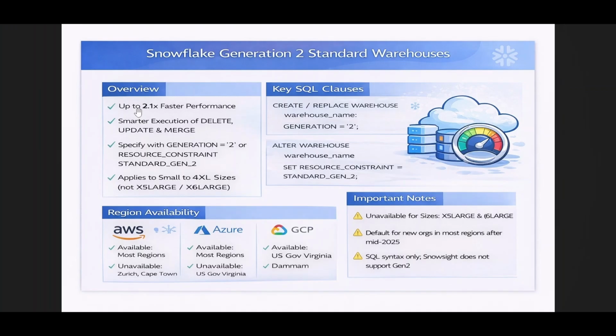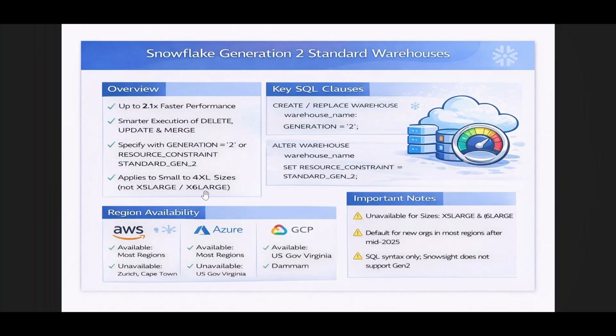To use Gen2, you can specify it directly in the SQL using either the generation equal to 2 clause, which is the recommended approach, or the resource constraint equal to standard Gen2 option. This applies to warehouse sizes from small up to 4XL, but not to 5XL or 6XL.